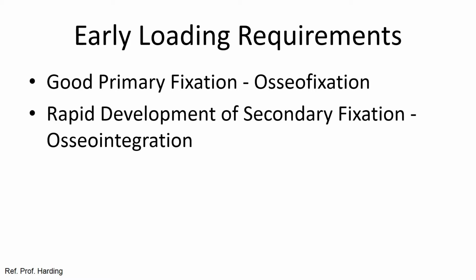There is no biological bond between the surface of the implant and the bone itself. And when we're doing early loading, what we're hoping will happen is that eventually we will develop secondary fixation or osseointegration, and we're hoping this will occur as rapidly as possible.